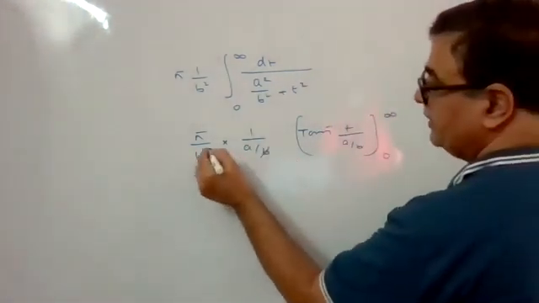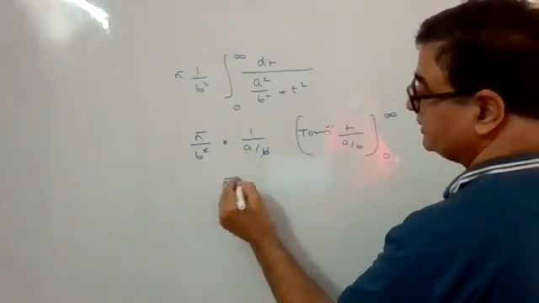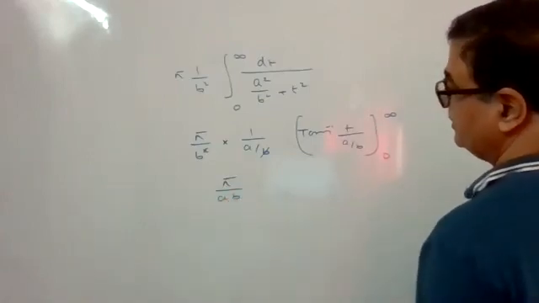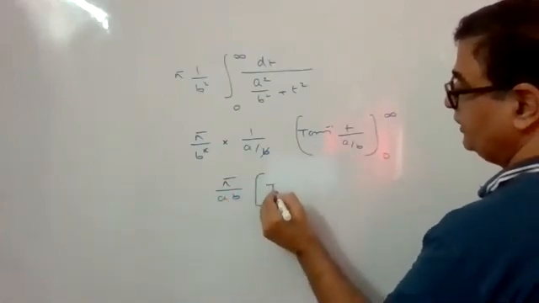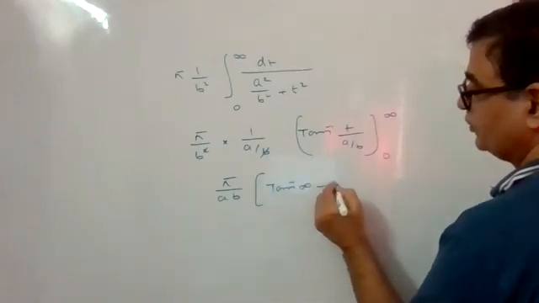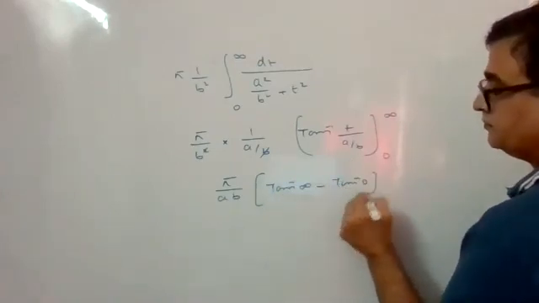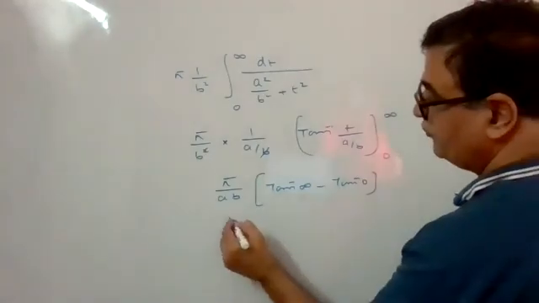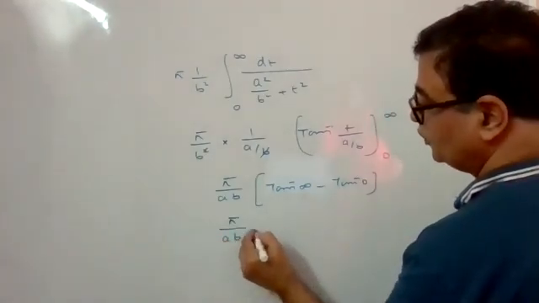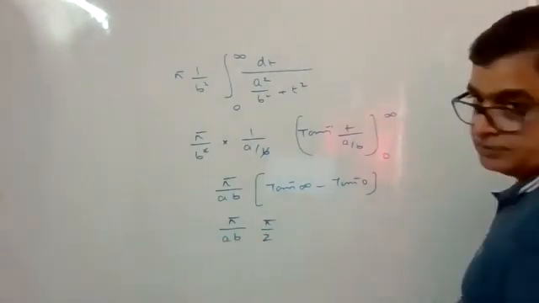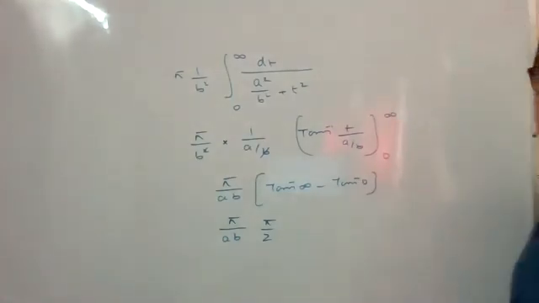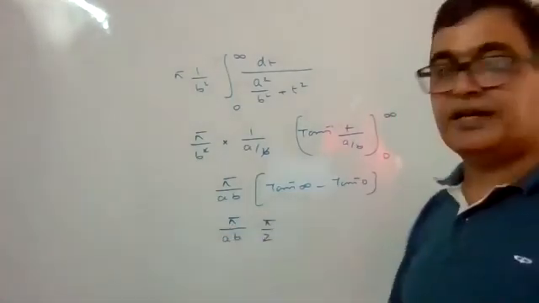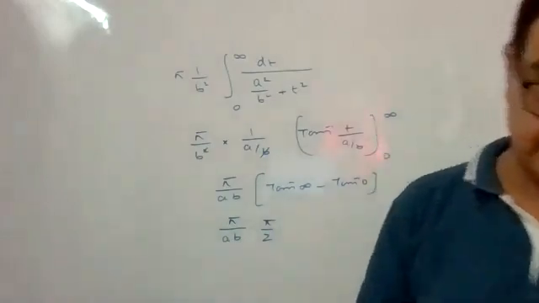Then this b clearly cancels out. You get pi by ab, times tan inverse infinity minus tan inverse 0. Tan inverse infinity is pi by 2. Tan inverse 0 is 0, so we get the answer pi square by 2ab. That is the final answer we have.